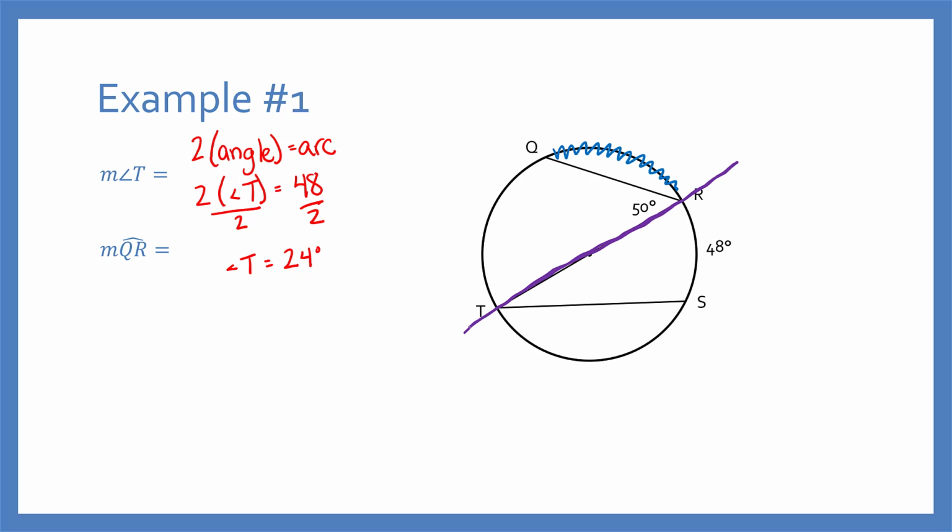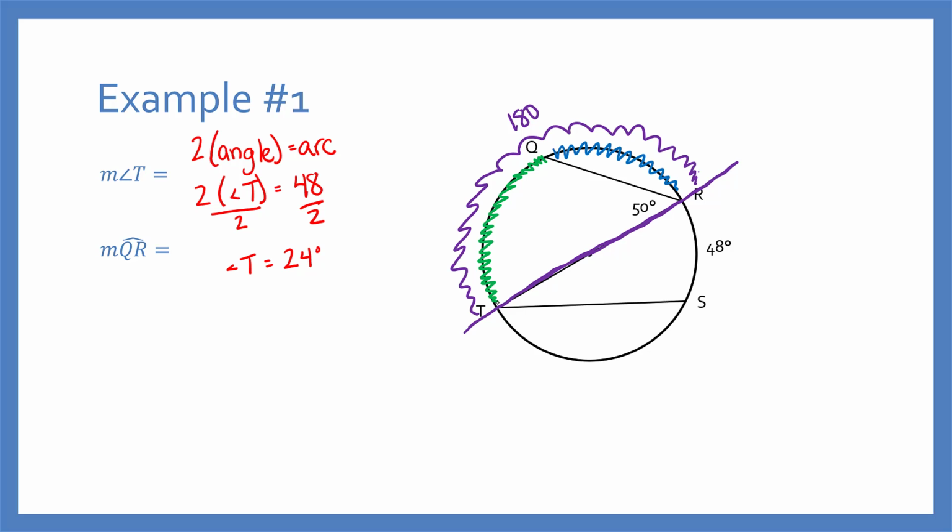It goes side to side of the circle and through the center. A diameter will always create a measure of 180 degrees because it's a semicircle. So all the way around here, that's 180 degrees. And that leaves me with the arc TQ. And that's the green arc.